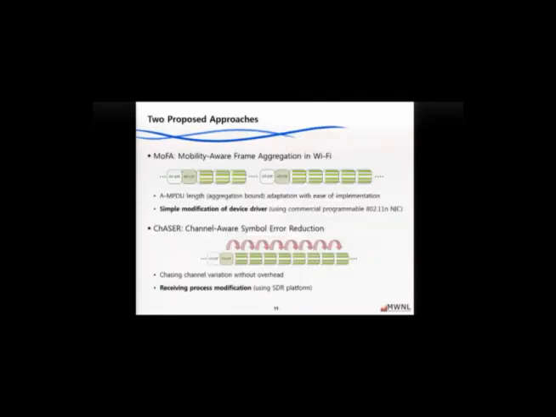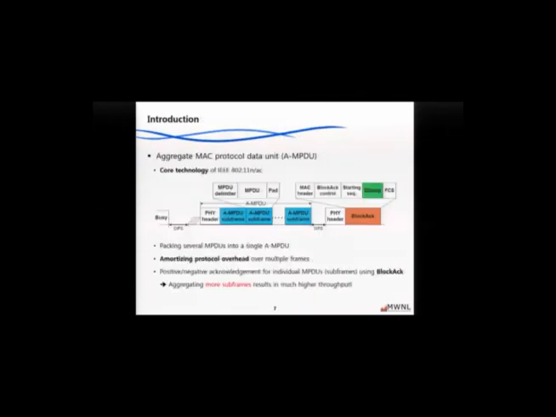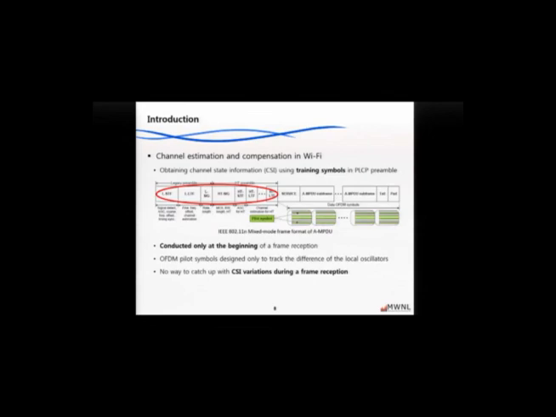This one shows the performance of Tracer. Again, the x-axis represents subframe index, and the y-axis represents subframe error rate. Earlier, with the MoFA work, we saw that subframe error rate is supposed to increase, and that's what we confirmed with this Sora platform too.